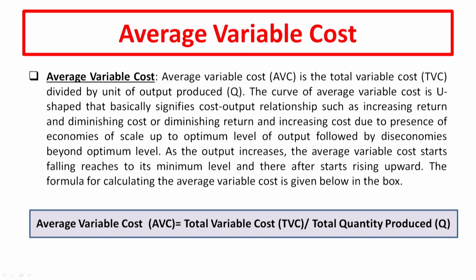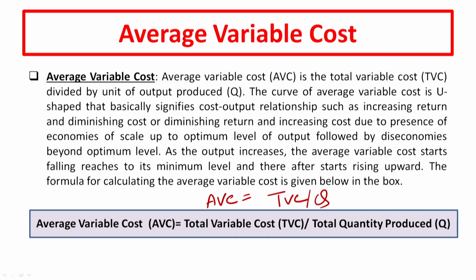Average variable cost. Average variable cost can be calculated by dividing the total variable cost by quantity. So you can say that average variable cost is the per unit variable cost of producing the unit.